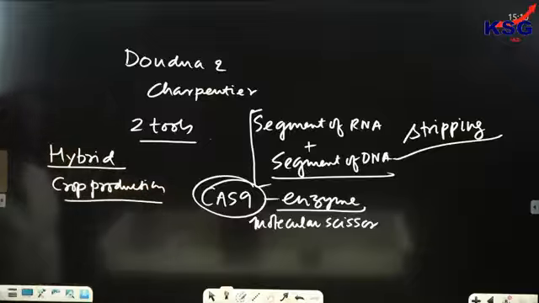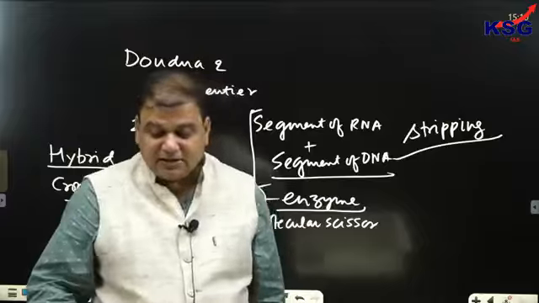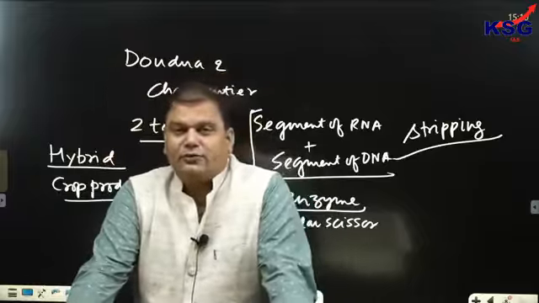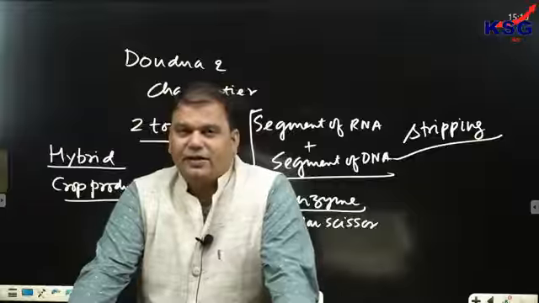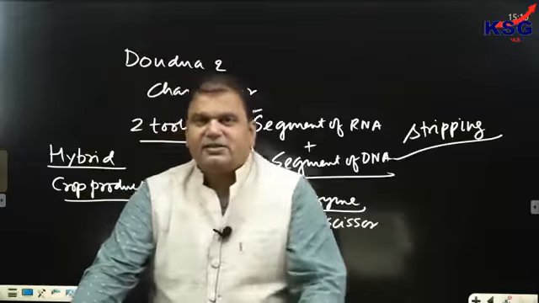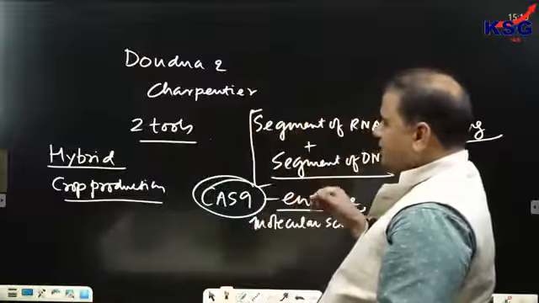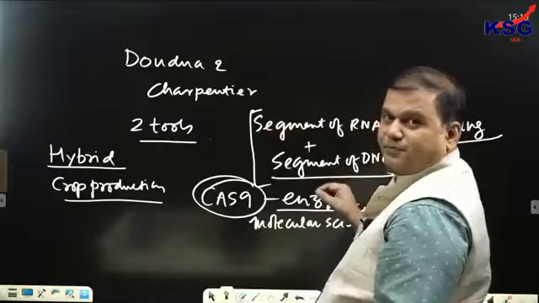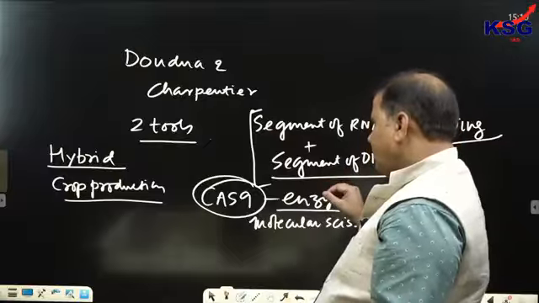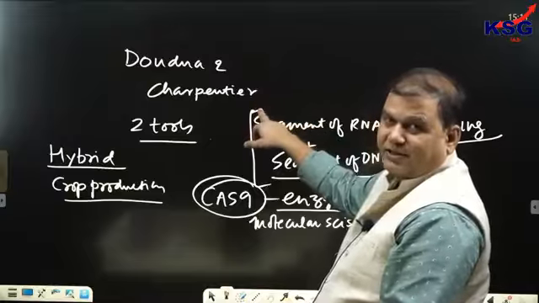And we can see, due to its vast application in the field of agriculture, that for this technology, Doudna and Carpentier were given the Nobel Prize in 2020.